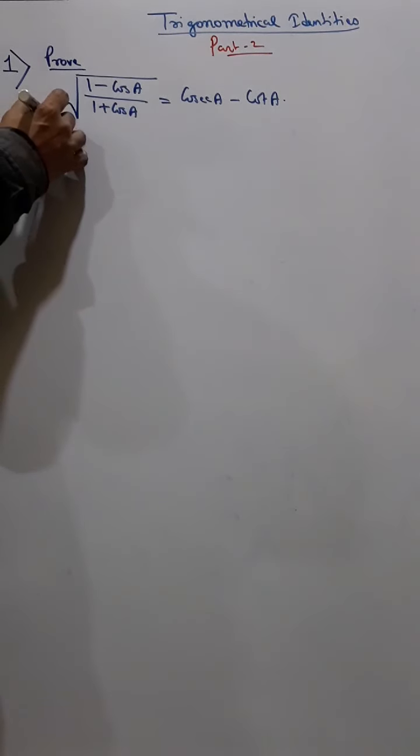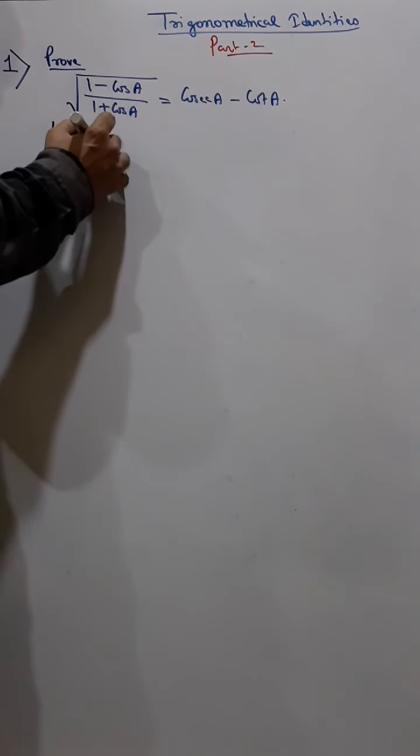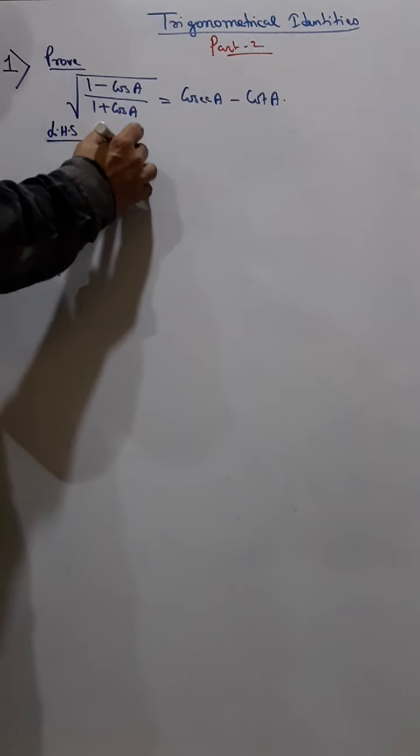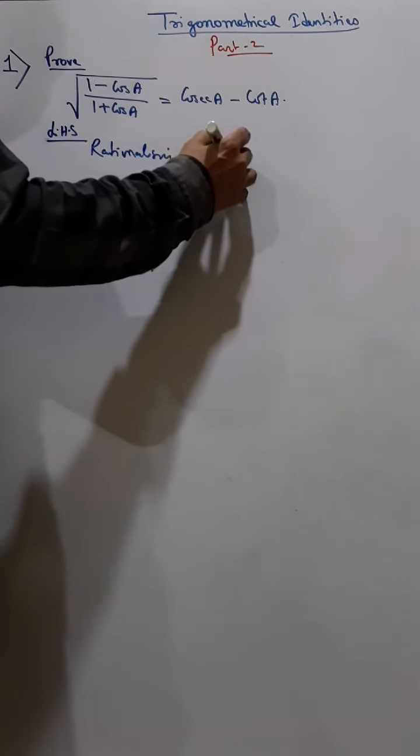So let's see. So we'll first start with the left hand side and then we'll do rationalizing the denominator.